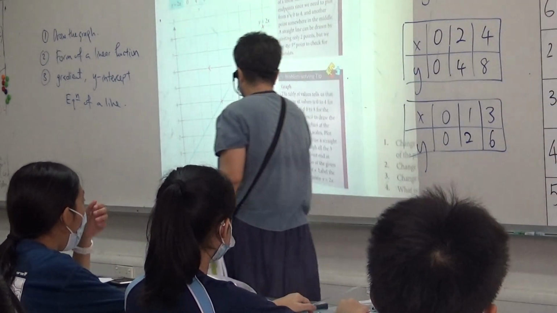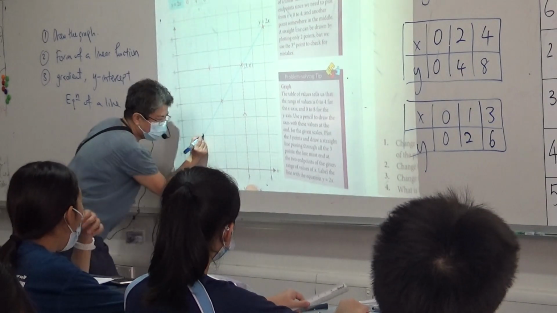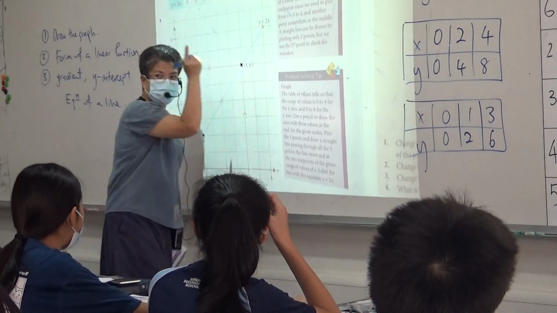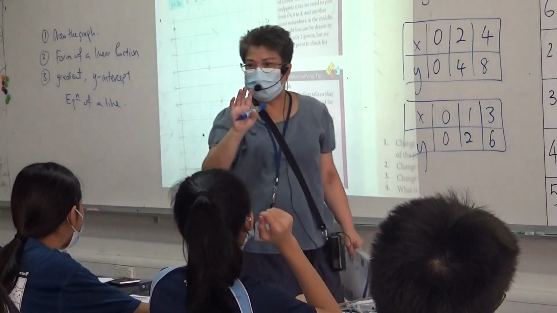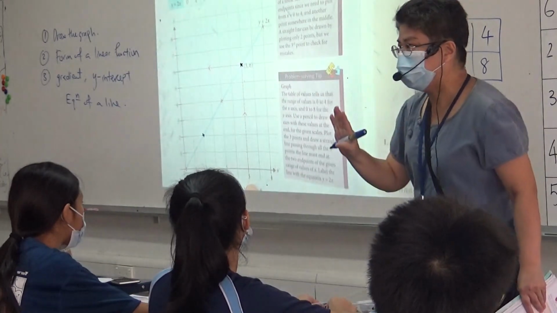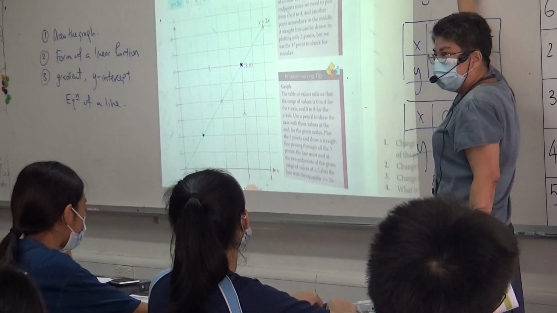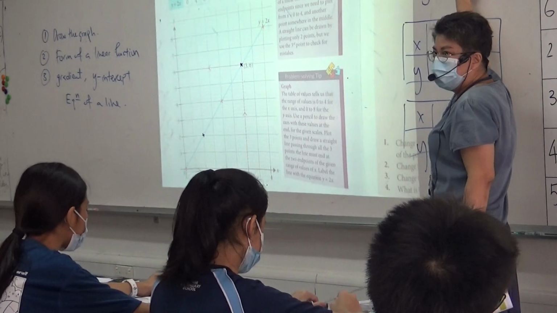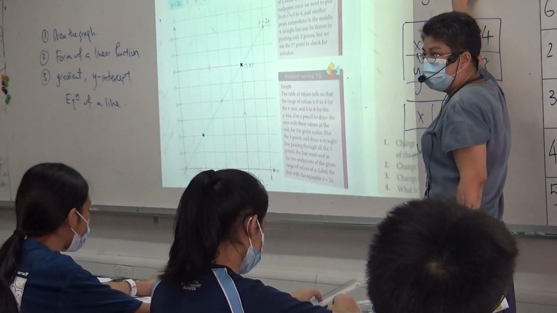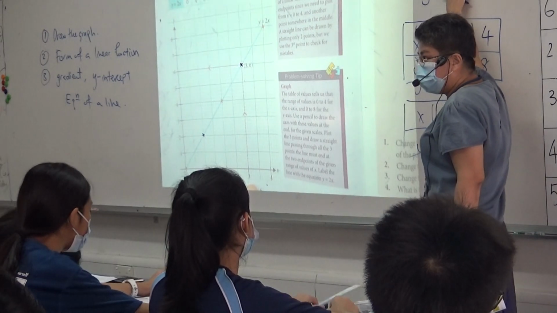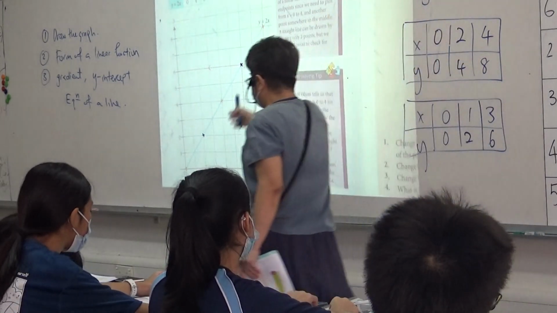Can you see that 1, 2 will also lie on the line? What about 3, 6? It also lies on the line. So, regardless of which points you choose, you are fine. But you must choose within this range. But don't be so silly as to choose 1.5 kind of thing, unless necessary. So we draw the line, can you see?